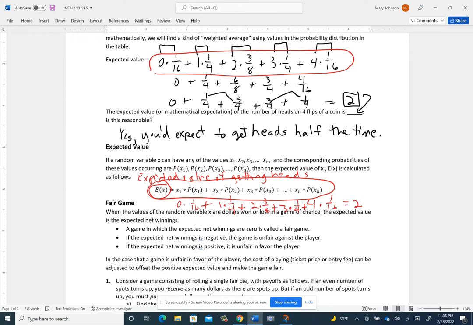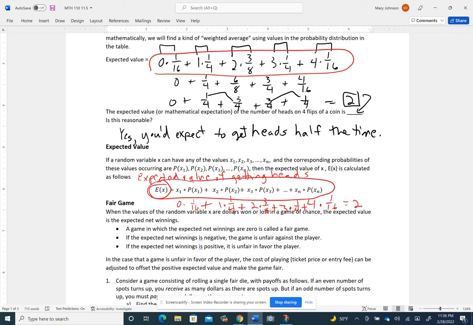Now, this concept of expected value can be used to determine, like if you're playing a game, like you're gambling, so if you're doing some kind of a game where you receive money, or where you have to pay to play the game, you can assess whether the game is fair or not by looking at these conditions.